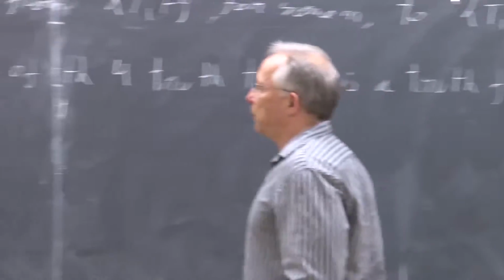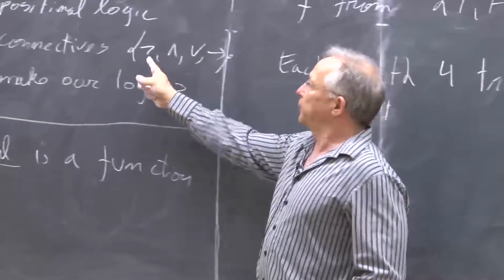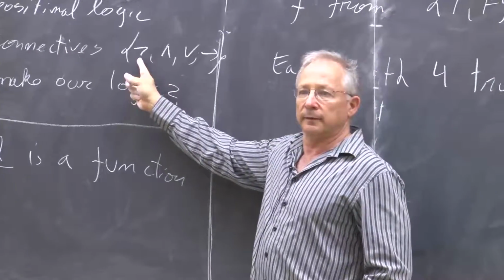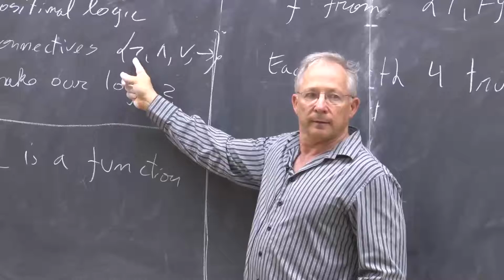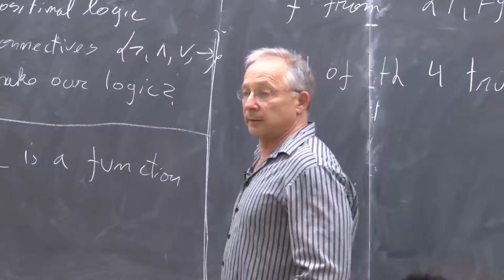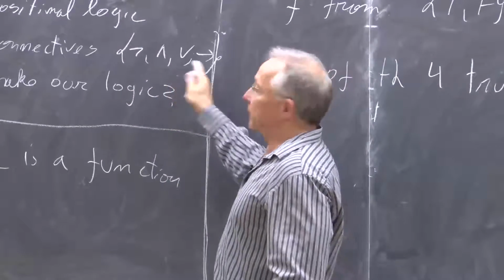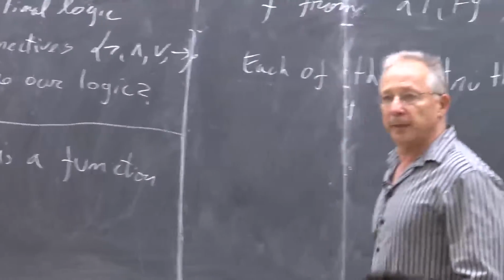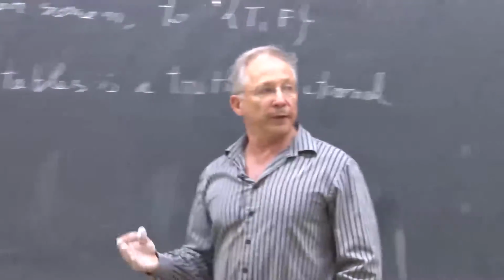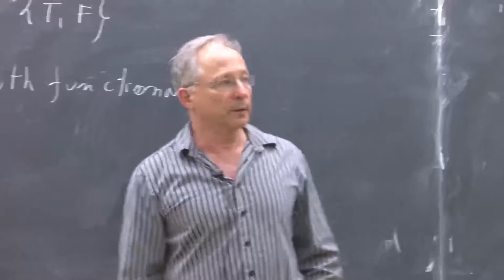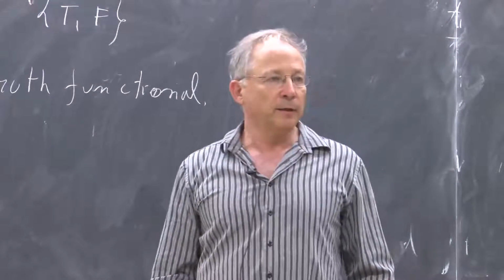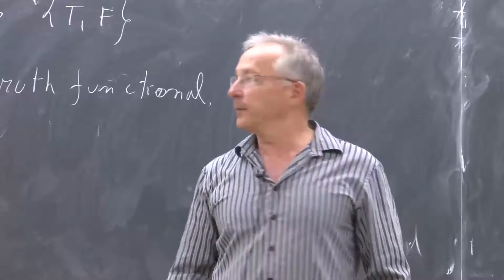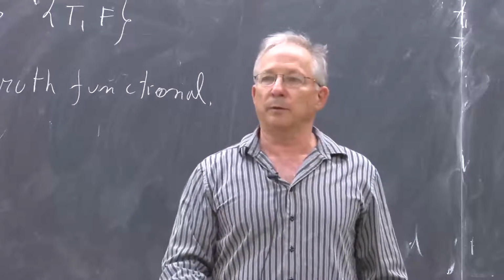What is the n for this truth table? 1. And for the others, the n is 2. They go from pairs of truth values to 1 truth value.